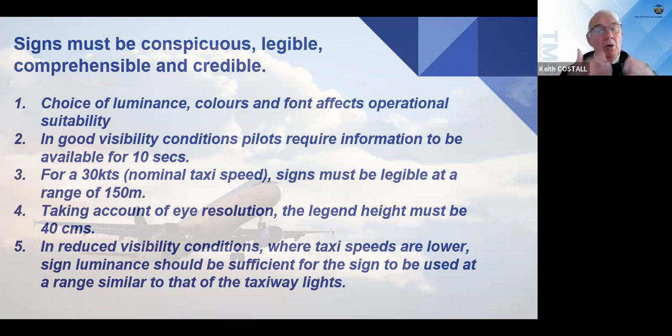I'm talking about normal conditions, which is when we have visibility in excess of 550 meters, like a category 1 consideration, but general visibility of up to 800 meters. So in those conditions, it was considered that at 150 meters, you need to be able to see the signs, traveling at 30 knots, and that gives us 10 seconds to absorb the information.